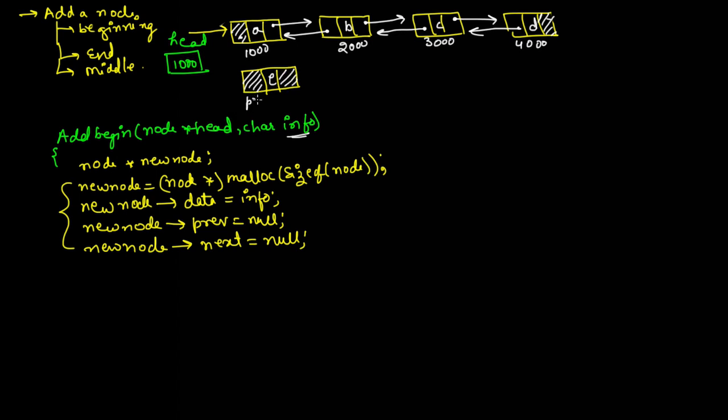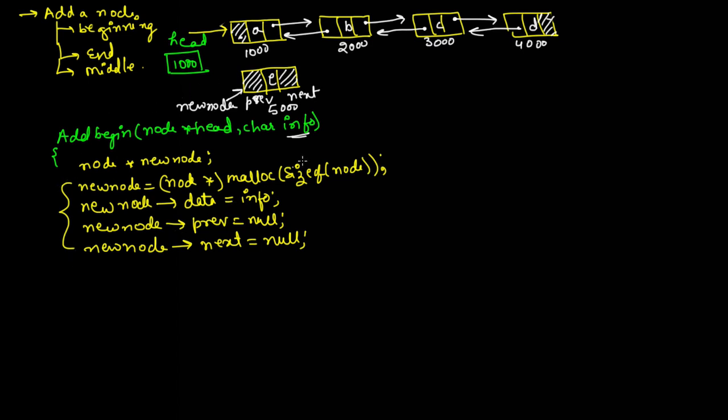That means this is the previous part, this is the next part, and this is the data. The new node pointer is pointing to this node, and let us suppose the address of this node is 5000. So this much we have done in these 4 lines of code.